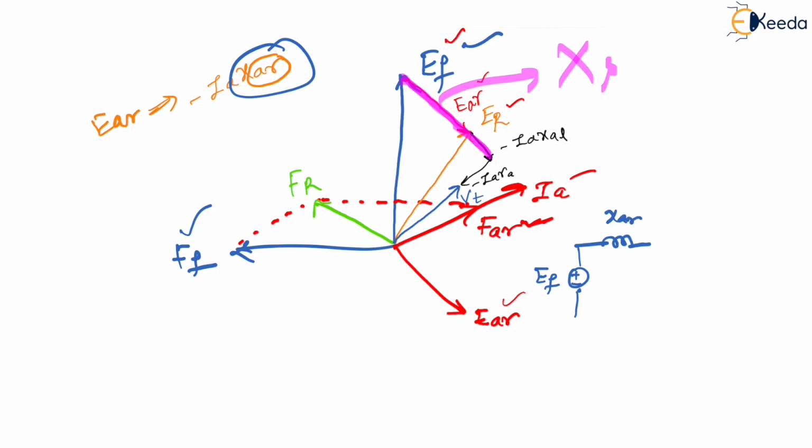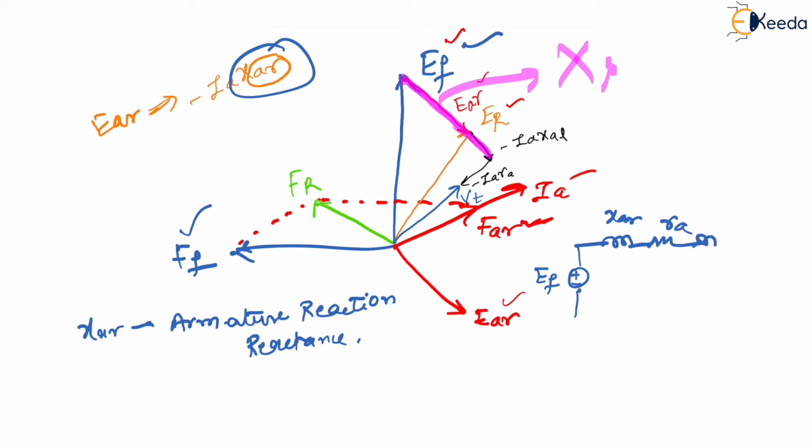Armature reaction reactance. This XAR is what? Armature reaction reactance. Very important. Correct? Then, let me have our RA, and then let me have this IAXAL. So let me have this XAL over here.